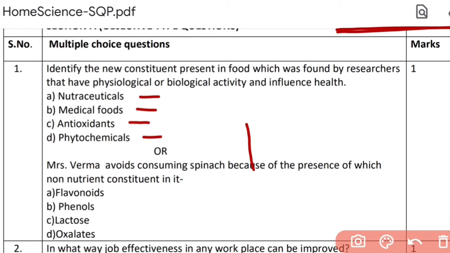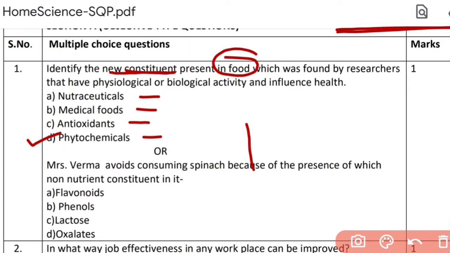Now just go through the question again, and it says new constituent present in food. It is not asking for the food items. So if it asks for food items, then you will say nutraceuticals, but as it is only talking about the constituents, the answer will be phytochemicals. So it is D. Just tick phytochemicals.